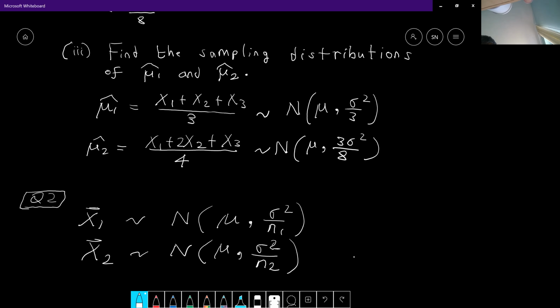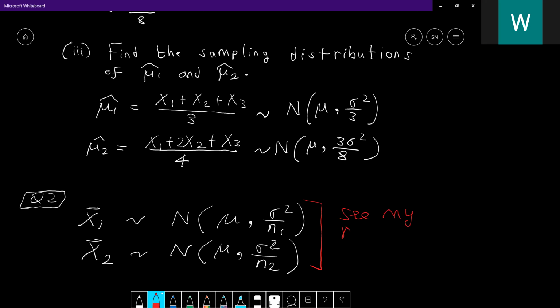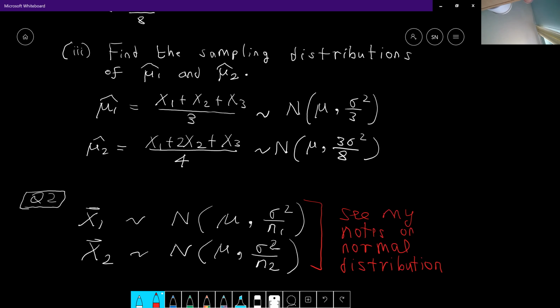If you want to know where these actually come from, look at my notes on the normal distribution and you will see where they come from.